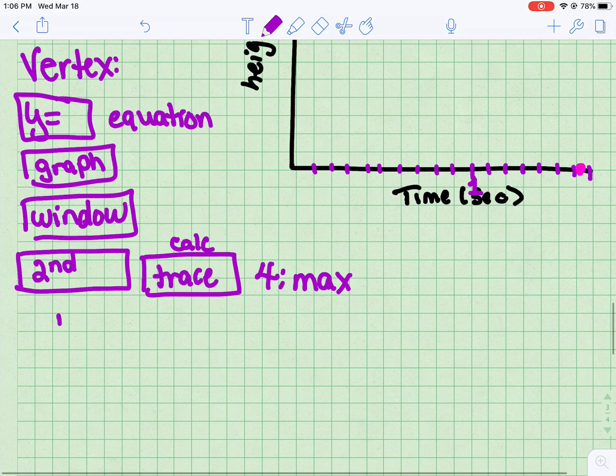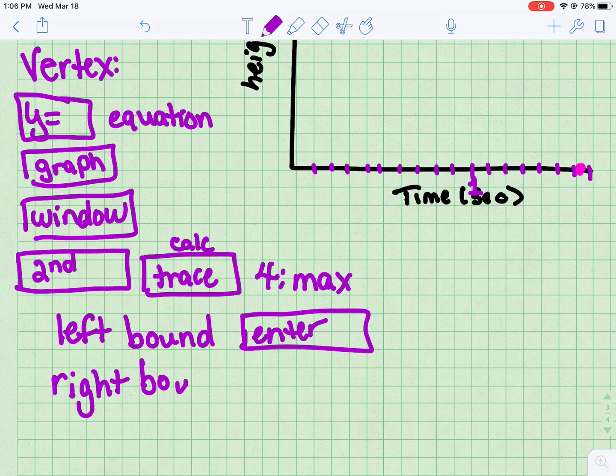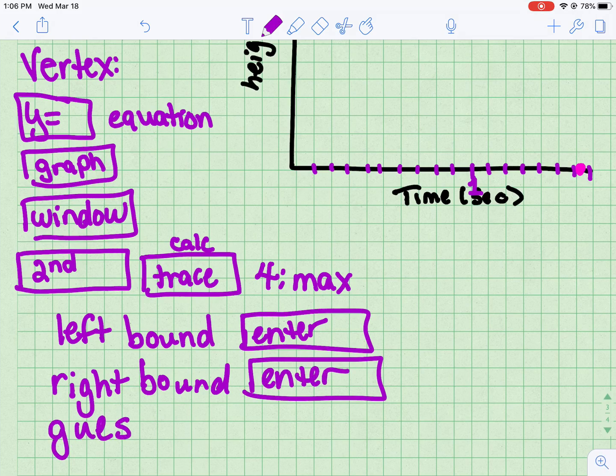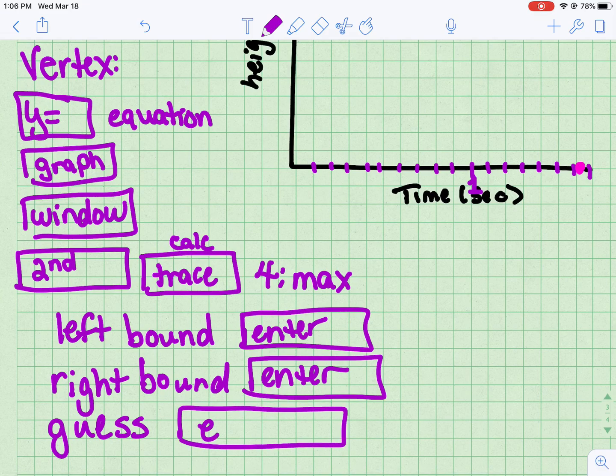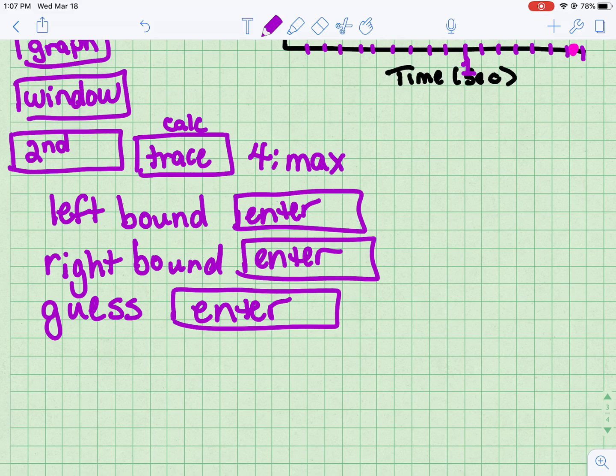You pick your left bound, hit enter, your right bound, and you hit enter. And then when you see the word guess, you hit enter one more time, and that's going to give our vertex. So in this case, we get a vertex of 0.75 and 12.